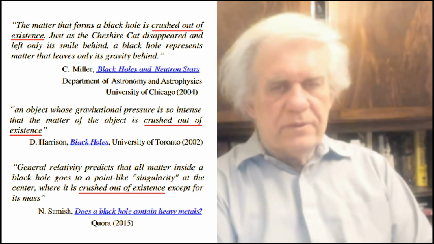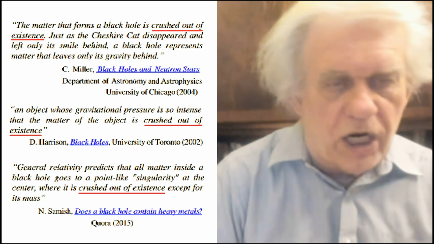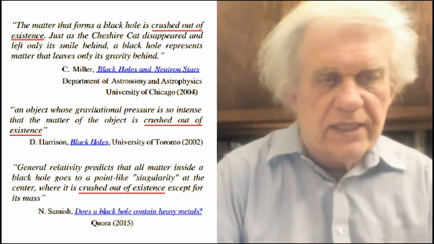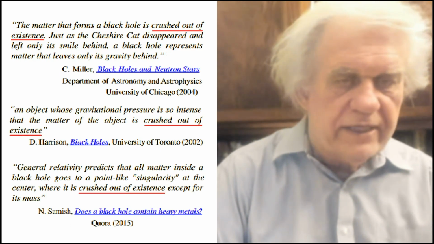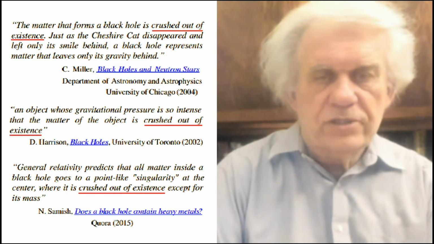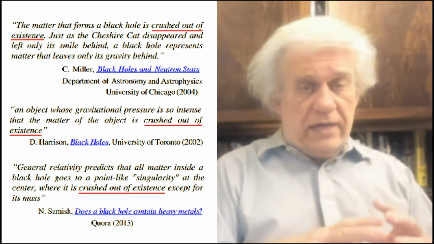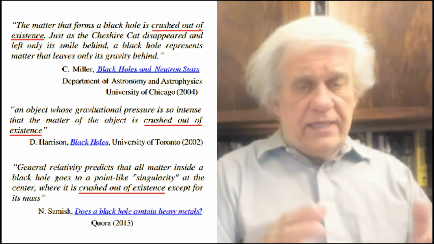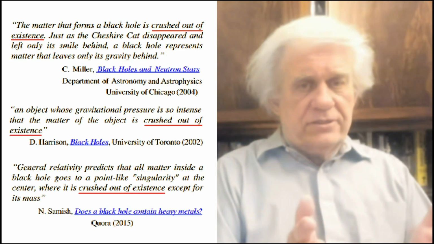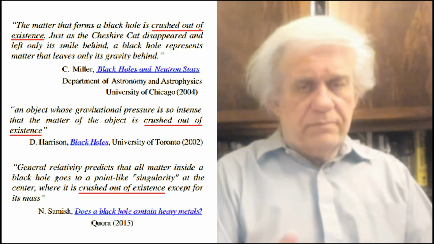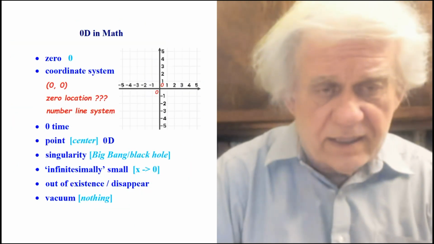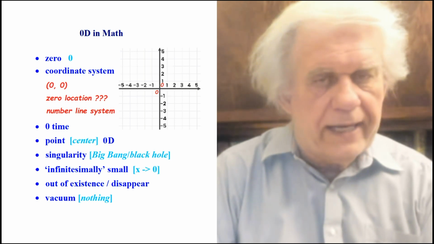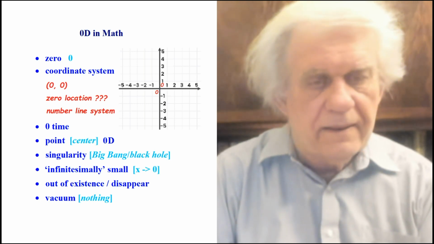All these people believe that the star, known as a black hole, a gigantic star collapsing under its own weight, under its own gravity, collapses to 0 size, crushing all matter out of existence in the process, so that eventually they end up with a singularity, which is 0 dimension, 0 size, no shape. So let's understand what we're talking about when we talk about 0 dimensionality, Big Bang, and black holes, especially those 3, right?